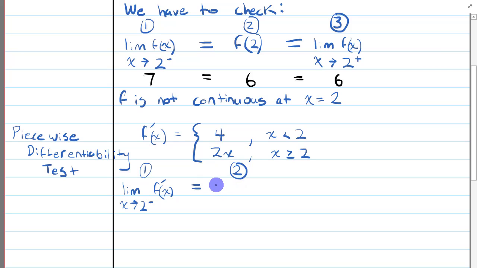Second thing is it is equal to what? F prime of 2, yep. And is equal to the third thing, Ben. What is that going to be? The right-hand limit. Limit f prime of x as x approaches 2 from the right. Perfect.